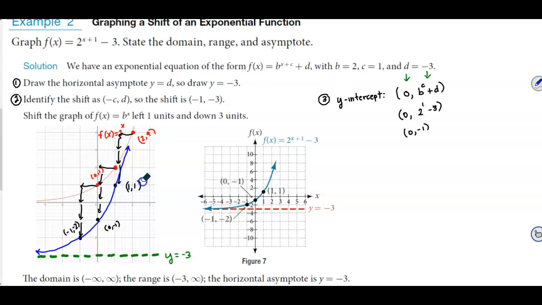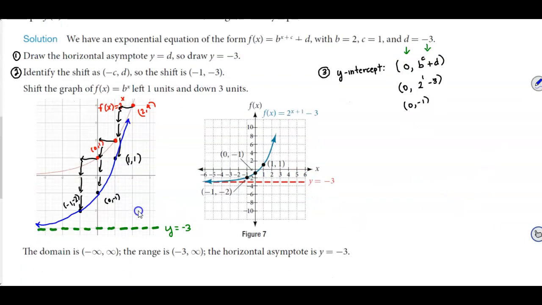This version is similar to the solution graph, it's just that the increments are a little bit smaller. The domain is negative infinity to infinity. The range starts wherever the horizontal asymptote is, so it starts at negative 3 and goes all the way to positive infinity. And the horizontal asymptote is y equals negative 3.